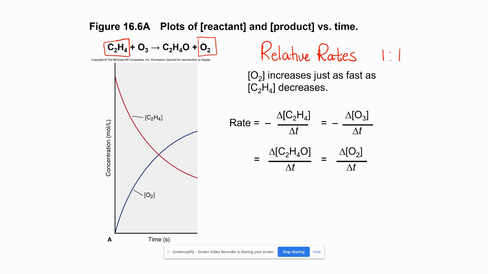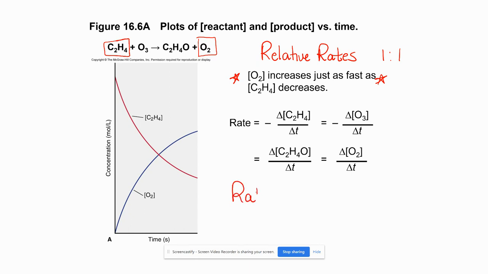Okay, and so how would we write that? And I verbally said what's written here. The oxygen increases just as fast as the C2H4 decreases, and we can see that from the nice picture. Now, how would I go about writing that?